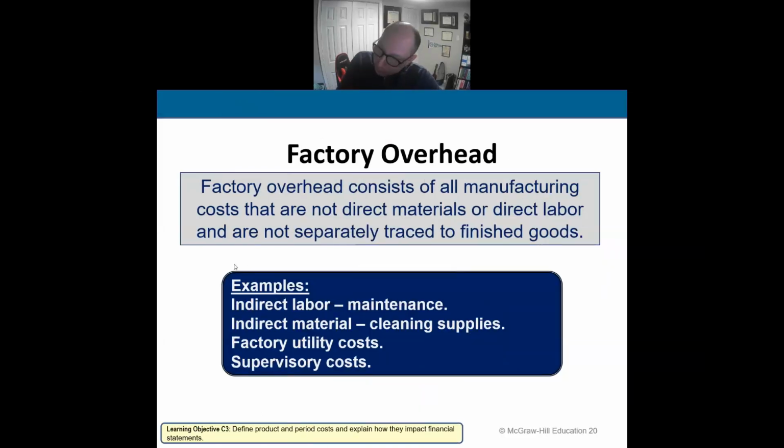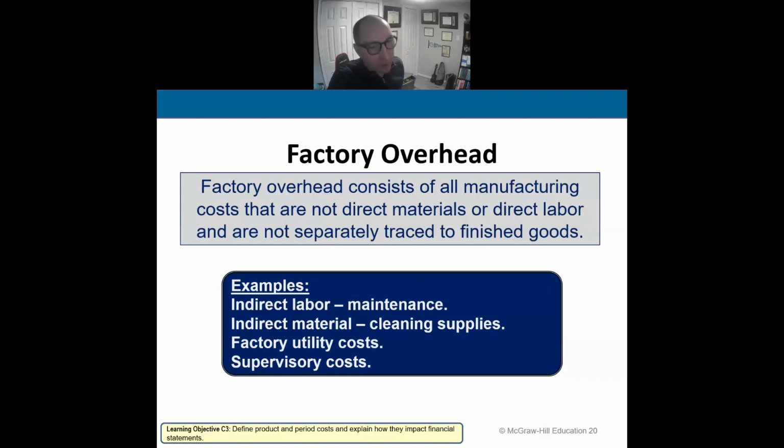Factory overhead. This one gets a little bit more complex because factory overhead involves those indirects, right? Factory overhead consists of all of the related manufacturing costs that we cannot directly trace to the product.